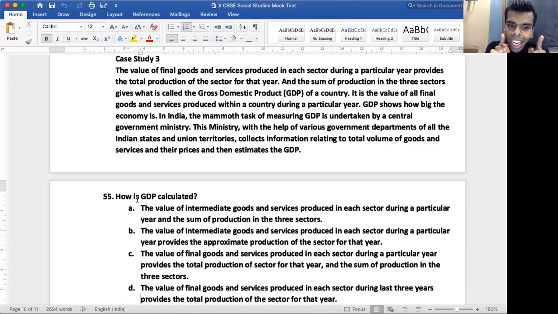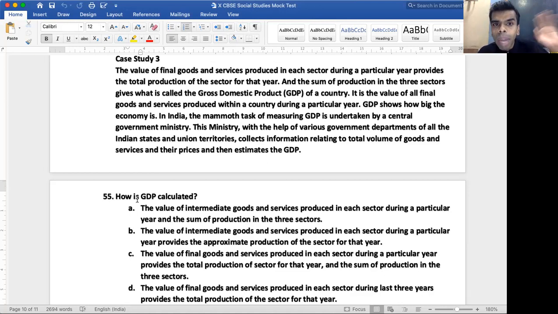Now point A and point B speak about intermediate goods. So first of all, options A and B are out, that will not be the answer. It will be between C and D. Now if you observe option D, it says to count the final goods and services produced in the last 3 years.